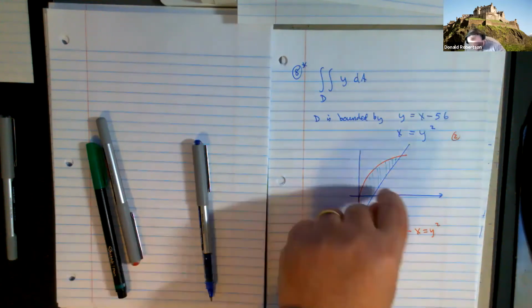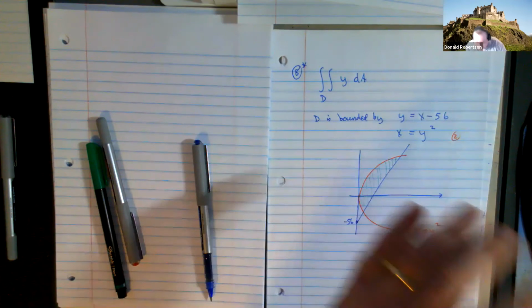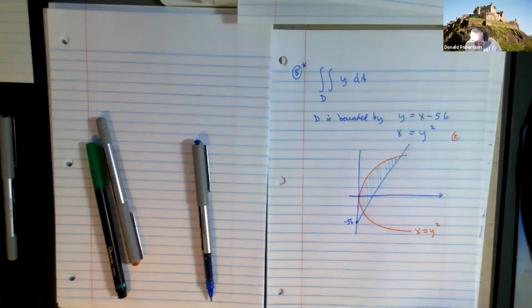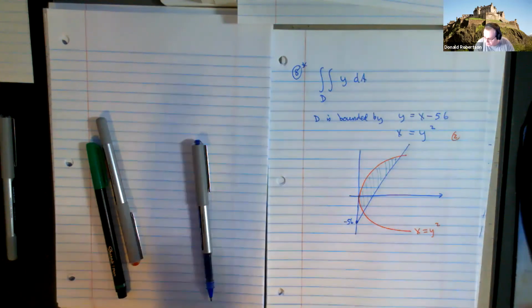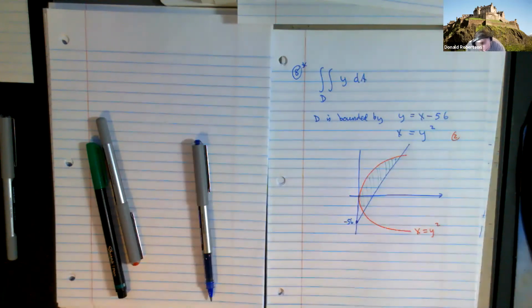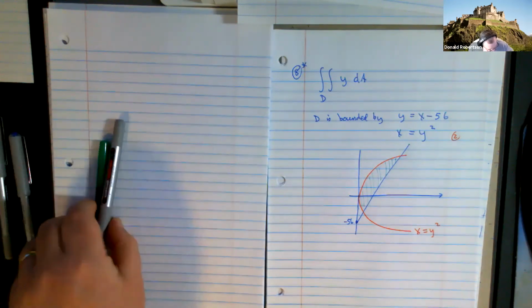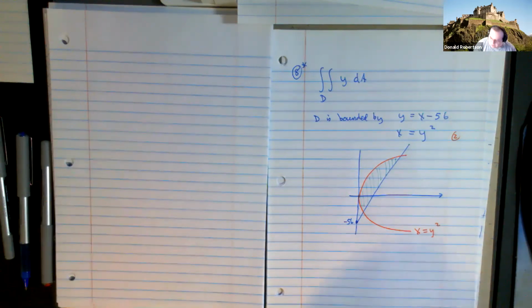Now, I needed that picture. There's no way I could look at that and build the guys that I need, right? And you might say, well, who are the guys that I need? The guys that I need are x between this number and that number, and y between these two functions, or the other way around. So I'm going to decide whether to describe it in terms of the x's or in terms of the y's.